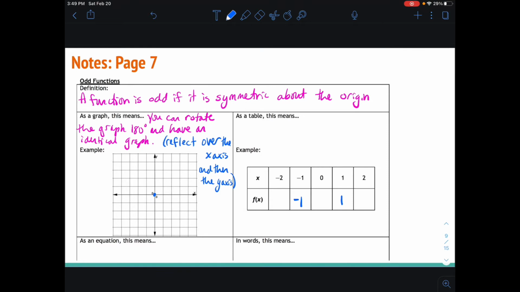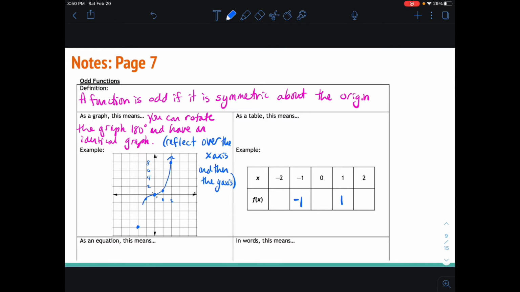Let's say that each one of these is 2. So 2, 4, 6, 8. Okay, and this is still going to be 1 and 2. So I'm going to go here and here. And then at -1, I'm going to go down to -1. And -2, I'm going to go down to -8.